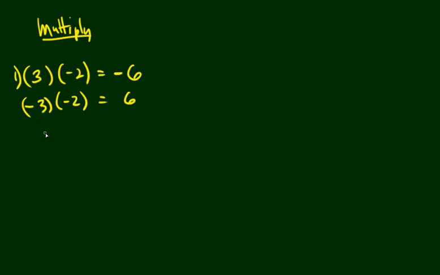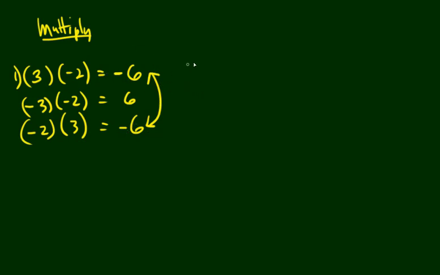Ganun din po, pag binaligtad po natin yan, let's say for example, negative 2 times 3, this will give us the same. Parehas lang po itong dalawa. Tandaan po natin na basta magkatulad ang sign, positive. Pagka magkaiba po ang sign is negative.